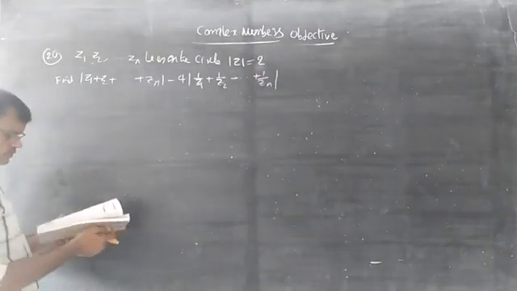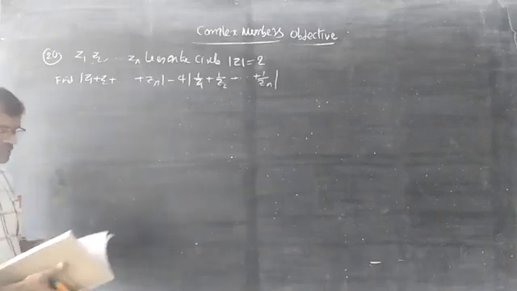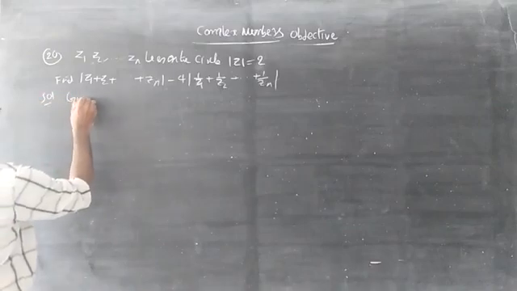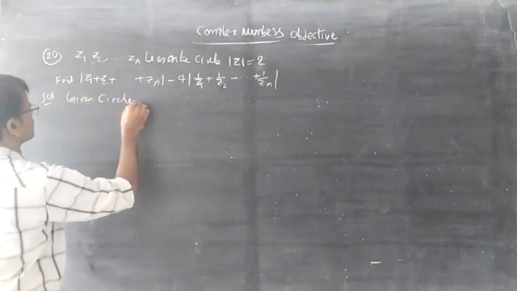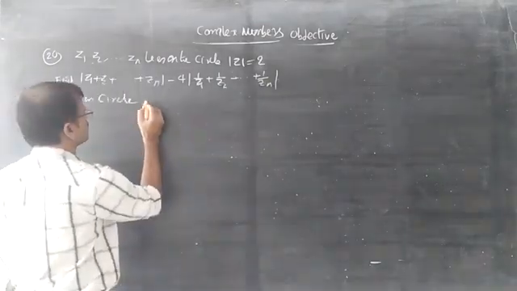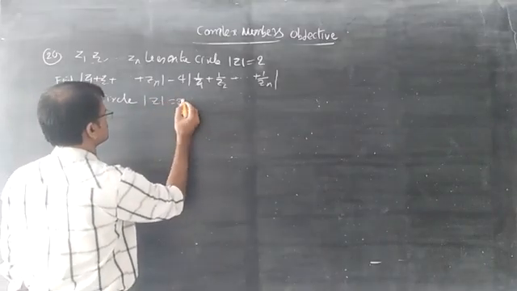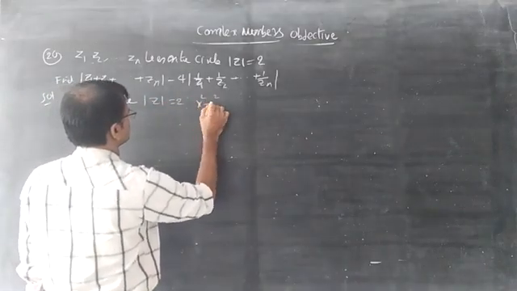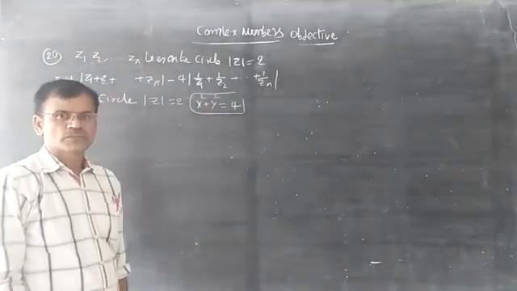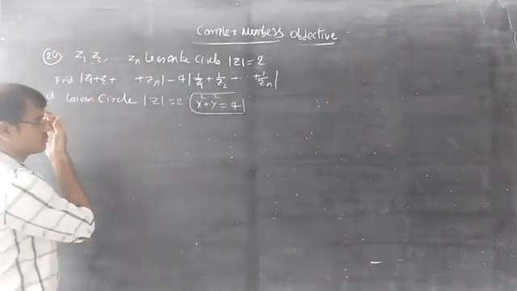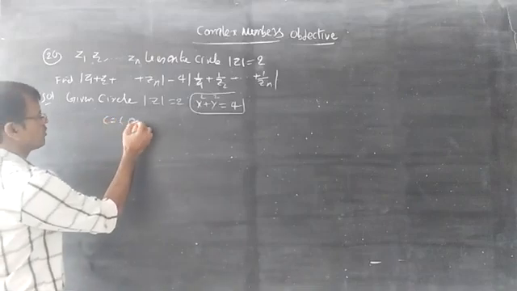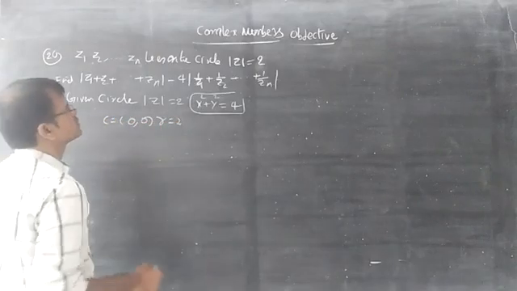So given, we can write the given circle is modulus of Z is equal to 2. So you can write x square plus y square equal to 4. So center equal to 0 comma 0 and radius equal to 2.